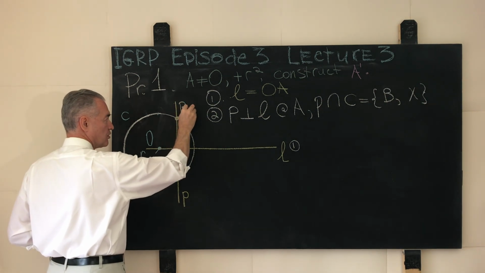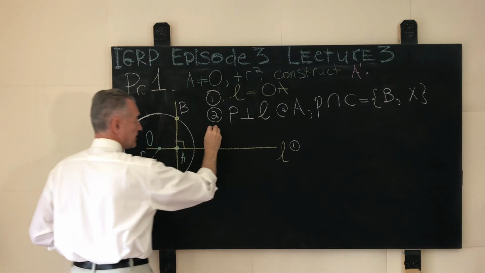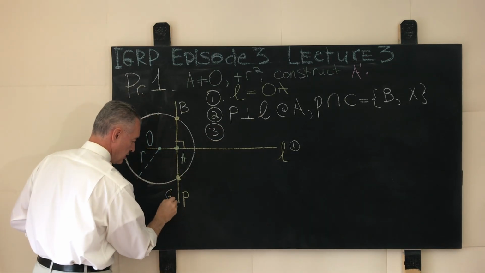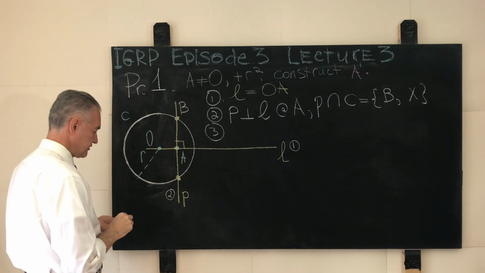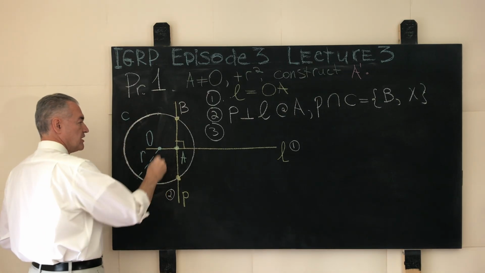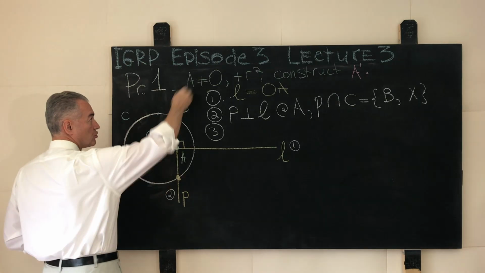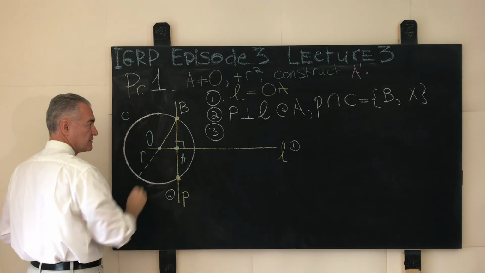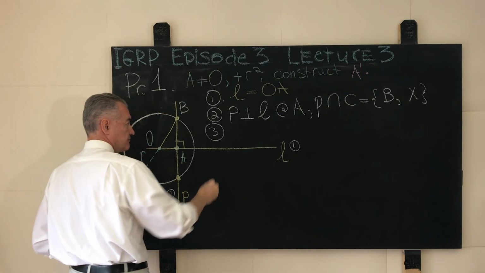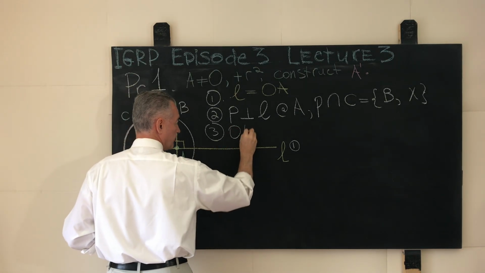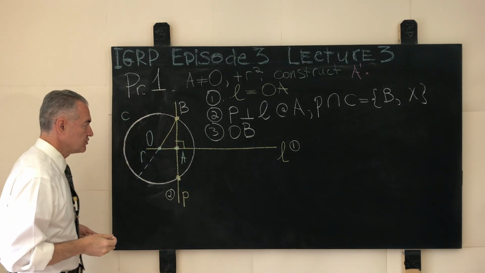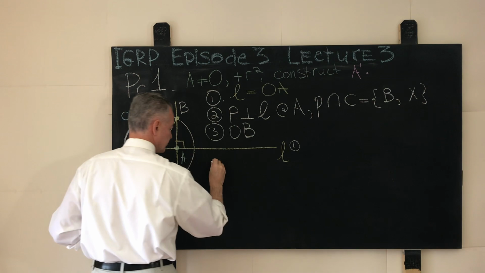This will be our point B. And as the step number 3, so this will be step number 2, we carefully mark it down. As a step number 3, we draw a straight line through the points O and B. I will just call it the straight line OB. I will try to minimize the number of symbols that we have to use, and we are almost done.